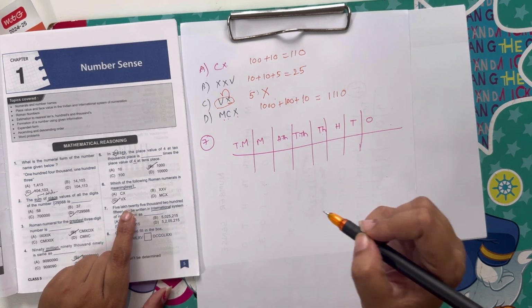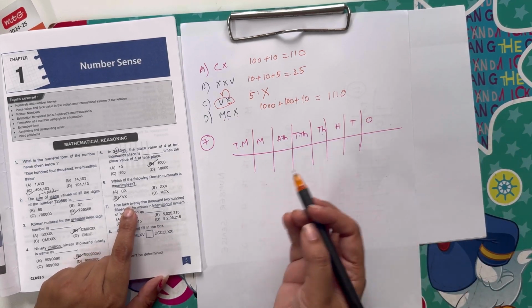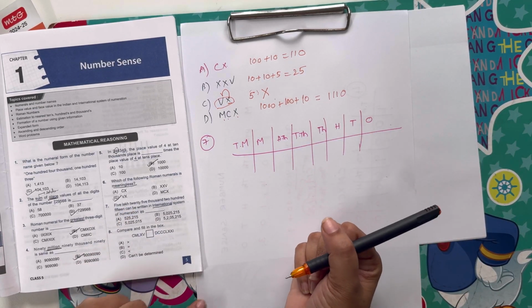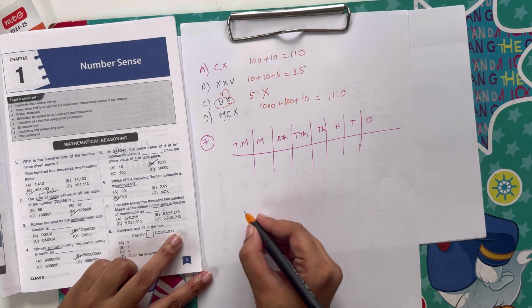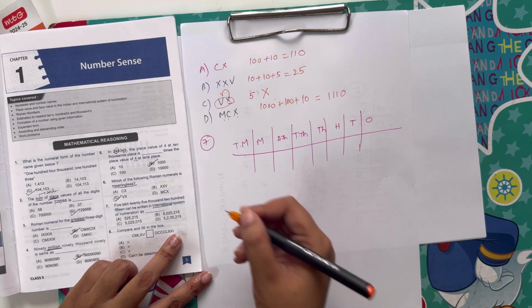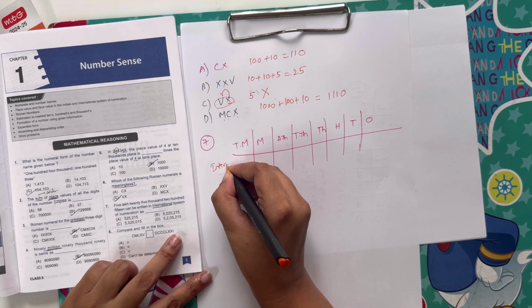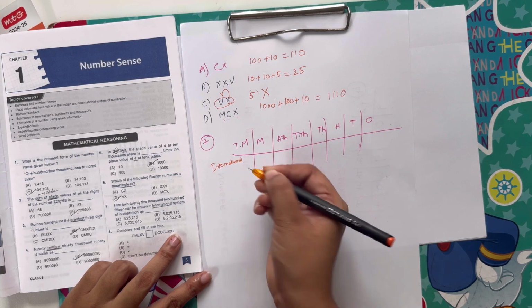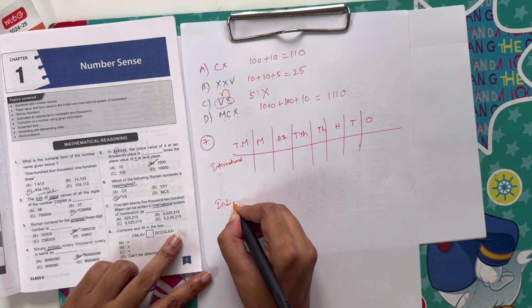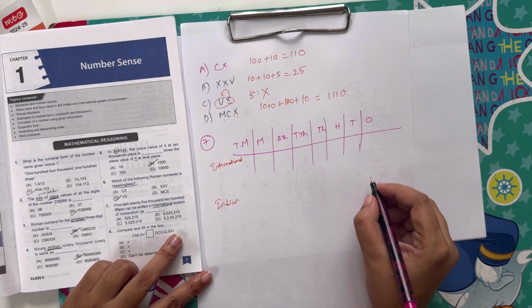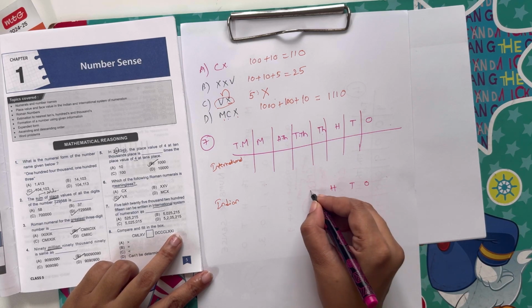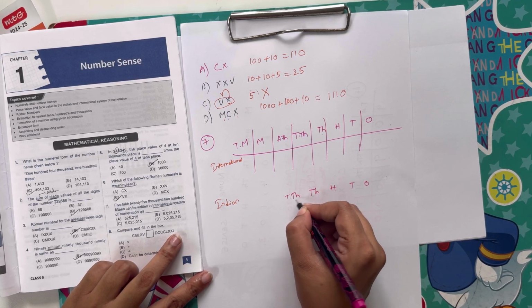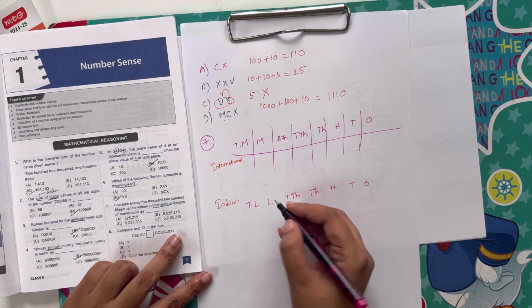Now we have to make that an international system. So first let us put the number in Indian system. Now let us write this in Indian also: ones, tens, hundreds, thousands, ten thousands, lakh, ten lakh.